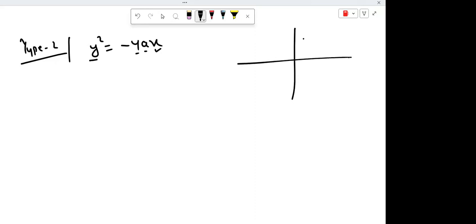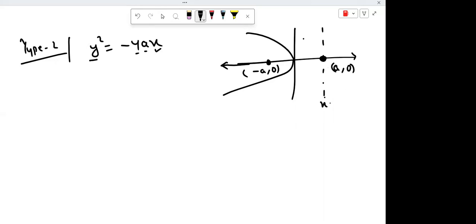So the parabola will be on the left hand side, in the minus X direction. And the directrix will be here. If focus is (minus a, 0), then this point will be (a, 0), we just shifted. So the equation of directrix would be x equals a.